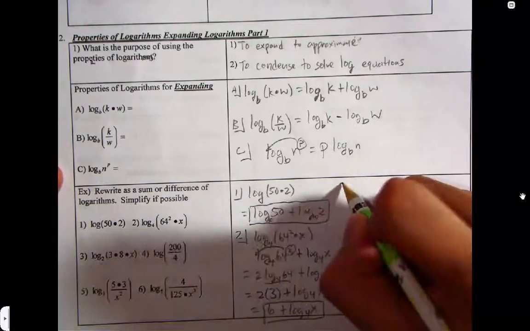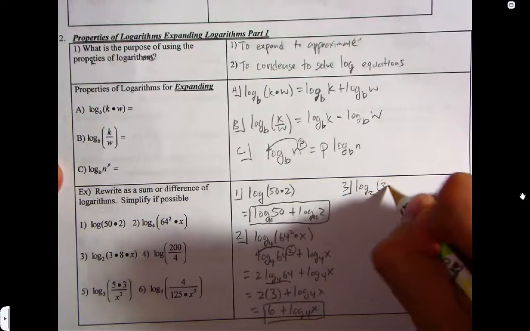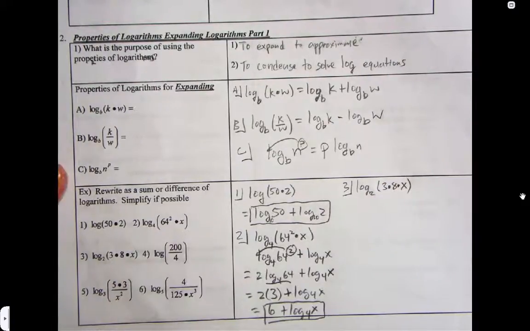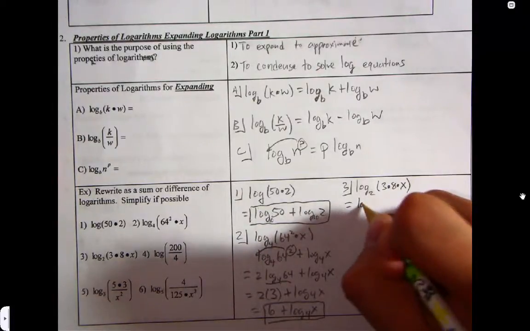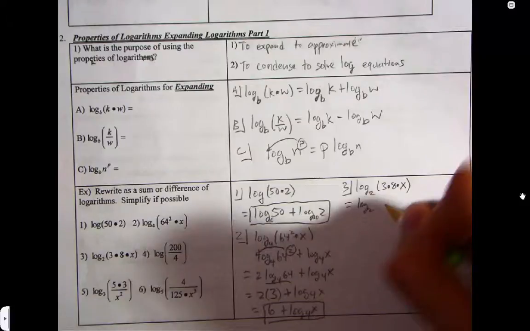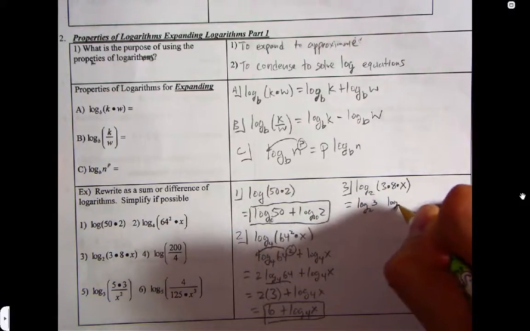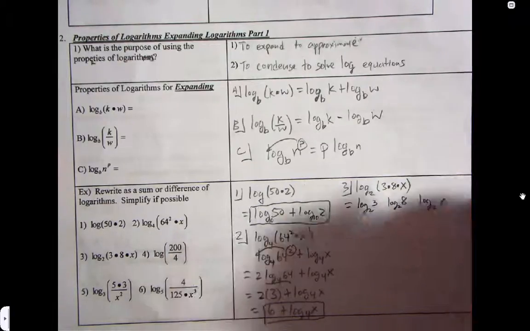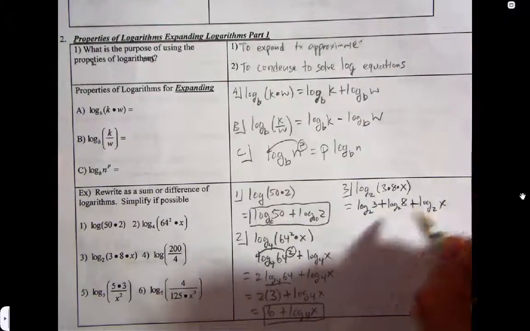Example 3, log base 2 of 3 times 8 times x. So there's 3 numbers here, so when I expand it, I'm going to have 3 logs of the same base 2. Log base 2 of 3, log base 2 of 8, and log base 2 of x. Since they're all multiplication, I'm going to write plus.